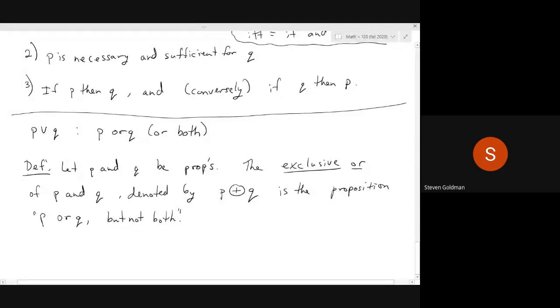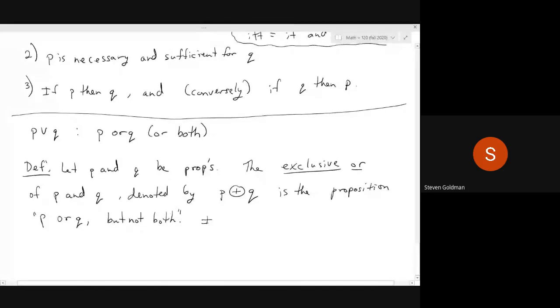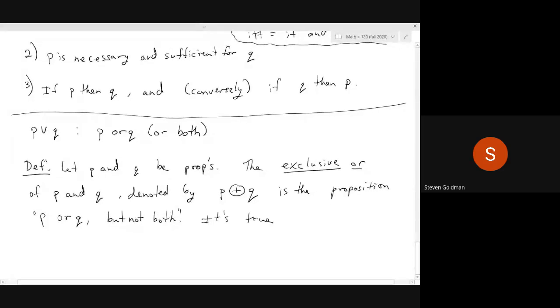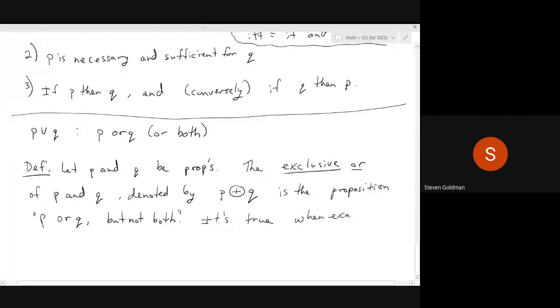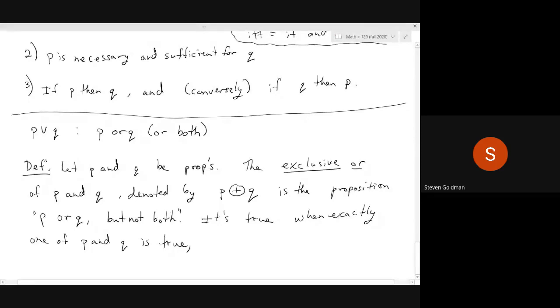It's true when exactly one of P and Q is true, and is false otherwise.